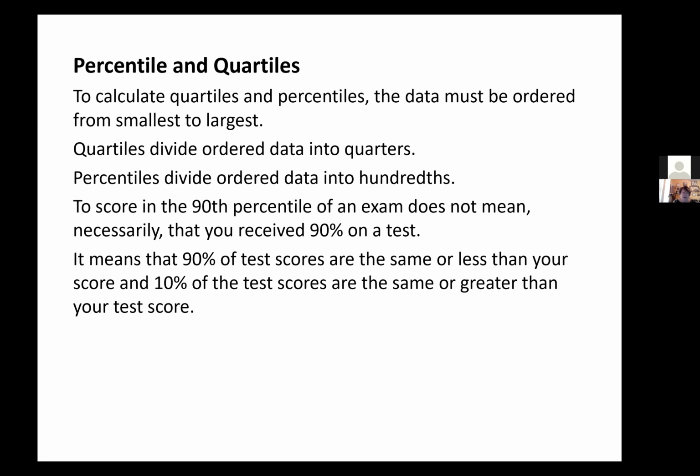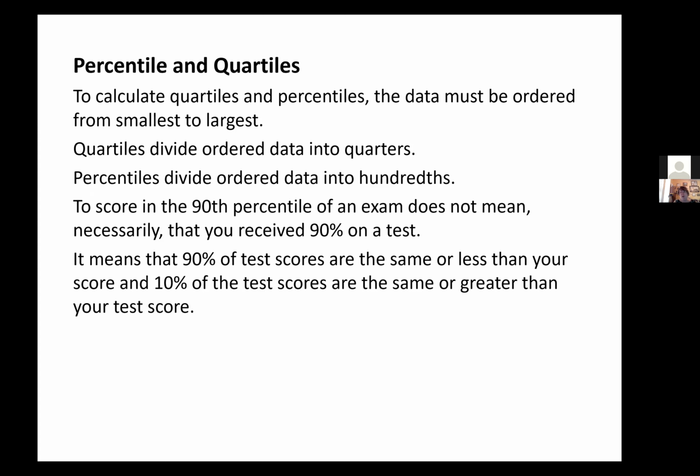For example, we talked about this last week. If you score in the 90th percentile of an exam, that doesn't mean you made 90%. That doesn't mean that you got 90% of the questions correct. What that means is that 90% of the test scores are the same or less than your score, or you scored above or equal to 90% of the other people who took the exam, or 10% of the test scores are the same or greater than your test score.